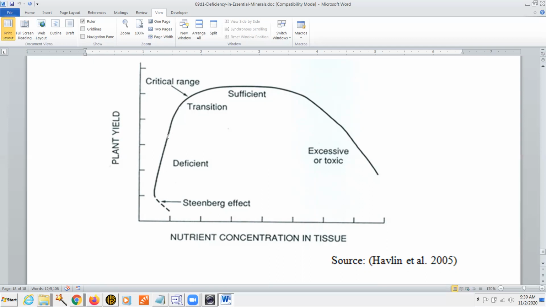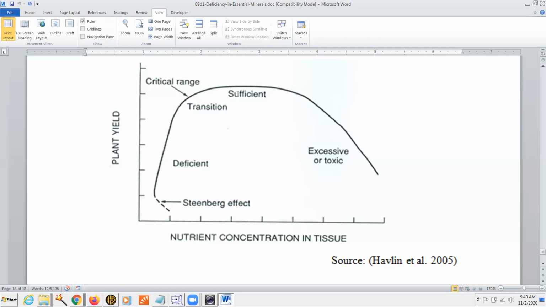But you don't want to be growing your crops on this deficiency slope. And you don't even want to be right at the critical range. But you don't want to be too much above the critical range. The additional nutrients you need to add to move from critical range to the middle of the sufficient range is quite a bit. And how much do you actually gain in yield?